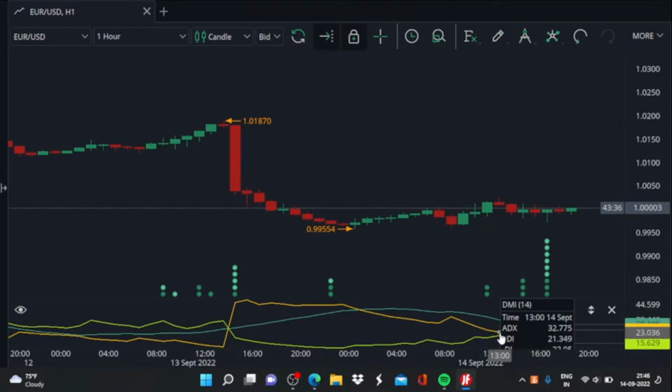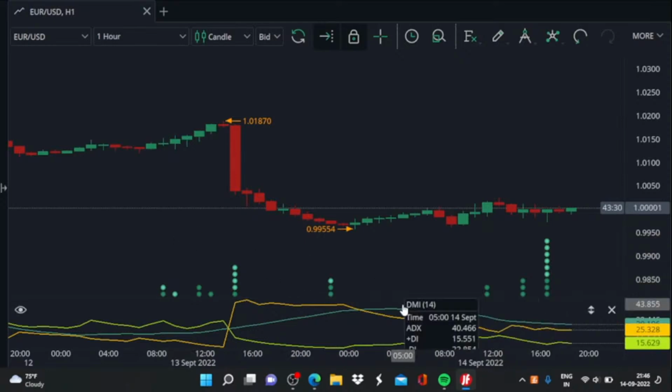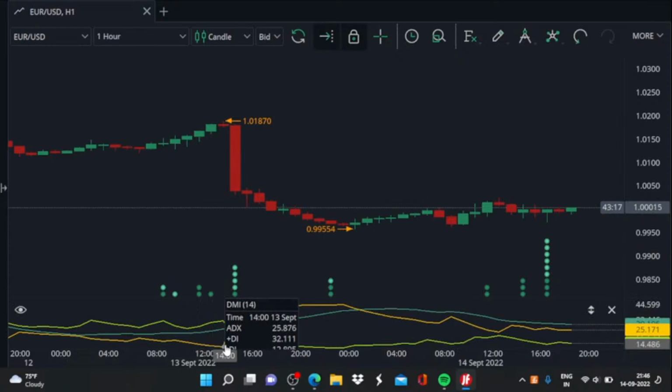We can utilize these two output values of the indicator to make the trading decisions, and we can utilize the ADX to optimize the entry and exit points. So the timing of the entry can be determined using the ADX output, whereas the directional decisions can be taken using the two output values, the positive DI and the negative DI.